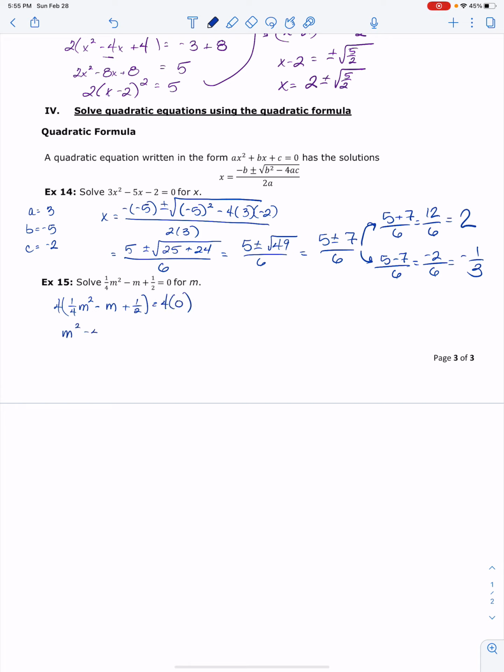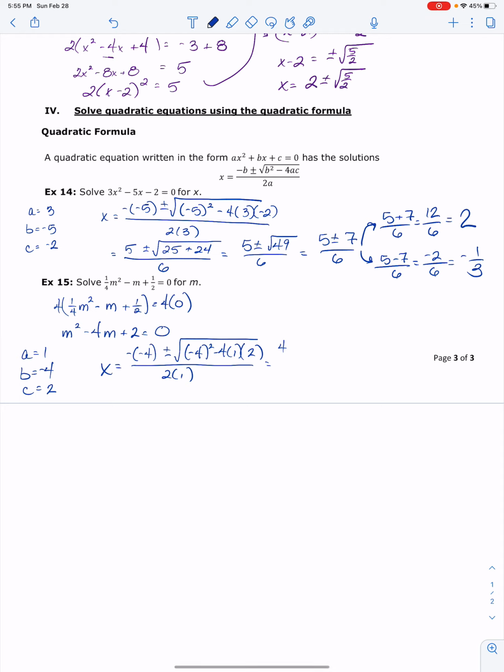And now I get m squared minus 4m plus 2 still equals 0. A is 1, b is -4, and c is 2. x equals -b plus or minus the square root of b squared minus 4 times a times c, all over 2 times a.